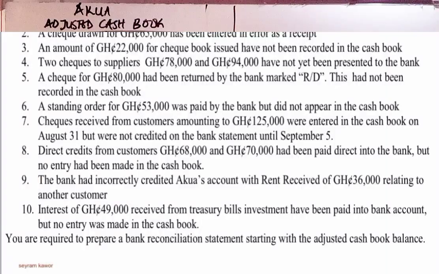Okay, 36,000. Why the next one? It said interest of 49,000 Ghana cedis received from Treasury bills investment has been paid into the bank account, but no entry was made in the cash book.